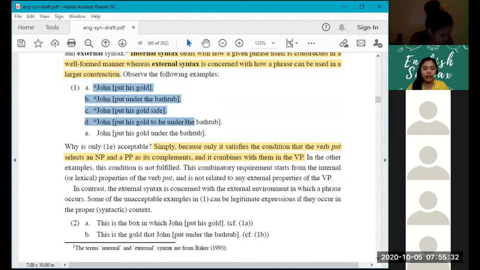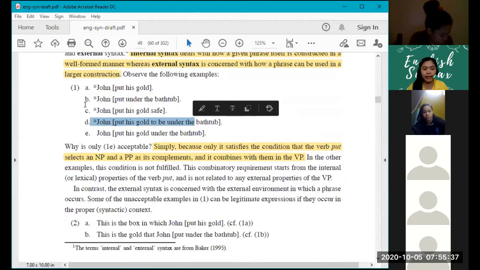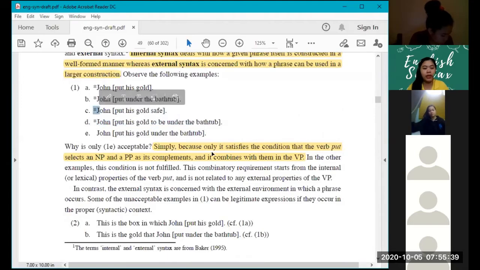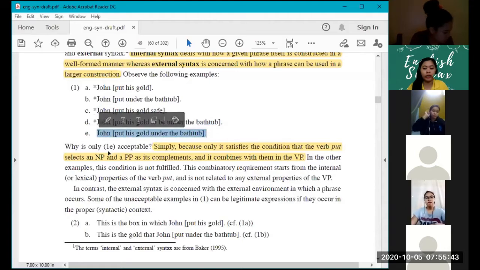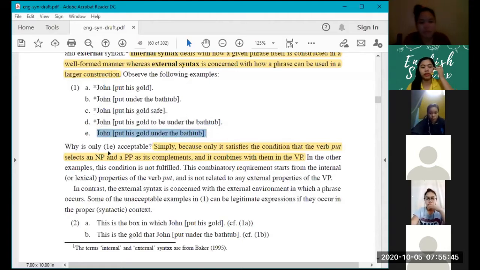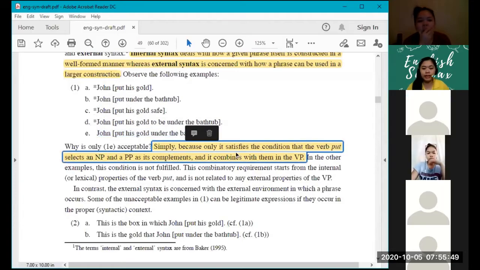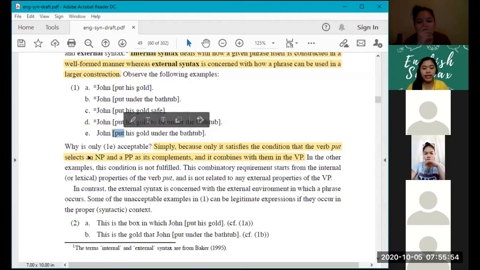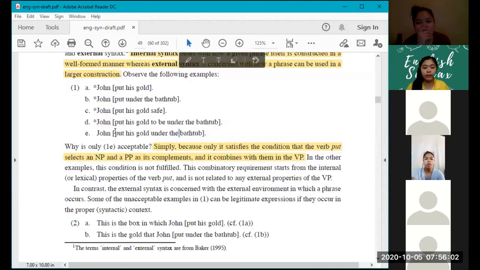For example, some of these example sentences are ungrammatical, like the one with the asterisk. Why is only one sentence grammatical or acceptable? John put his gold under the bathtub, because it's the only sentence that satisfies the condition of the verb put, which selects an NP and a PP, a noun phrase and a prepositional phrase, as its complement, and is combined with the VP, which is put.